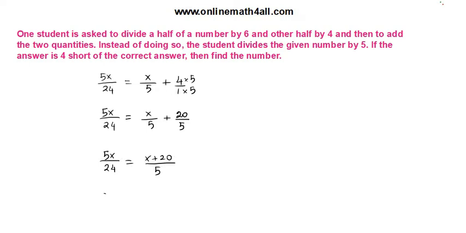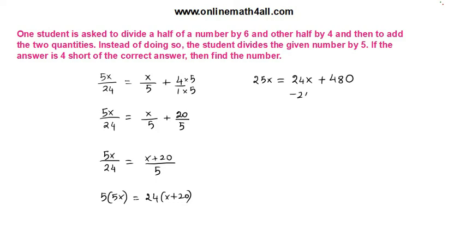So we get 5 times 5x is equal to 24 times (x plus 20). Okay, so 5 times 5x will be 25x is equal to 24 times x, which is 24x. That is, I am distributing this 24 to x and 20. So 24 times x will be 24x, and 24 times 20 will be 480.